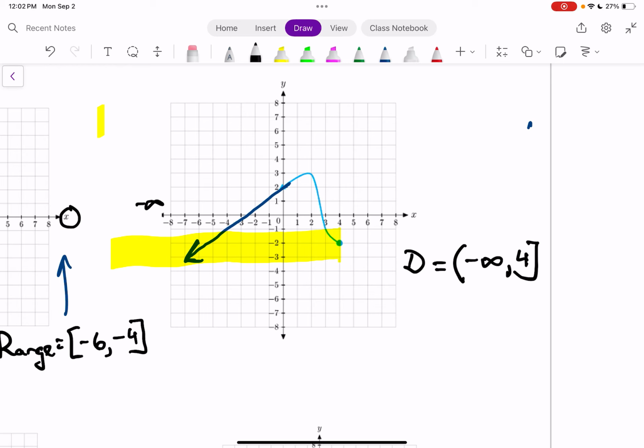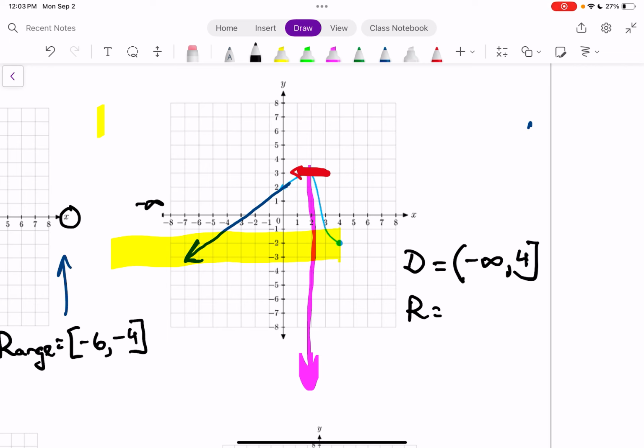It is a little trickier to read the range because you might want to stop right here, but no, the range, again, set this on its side. How high up does this graph go? This graph goes down, down, down, but really no higher than what? This point right here. So the highest point on the graph, as you see, is 3.